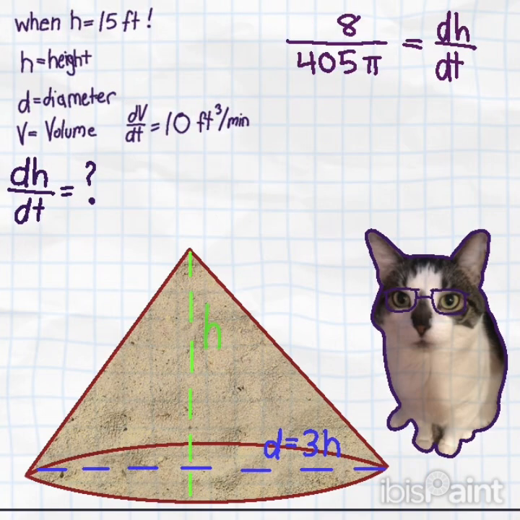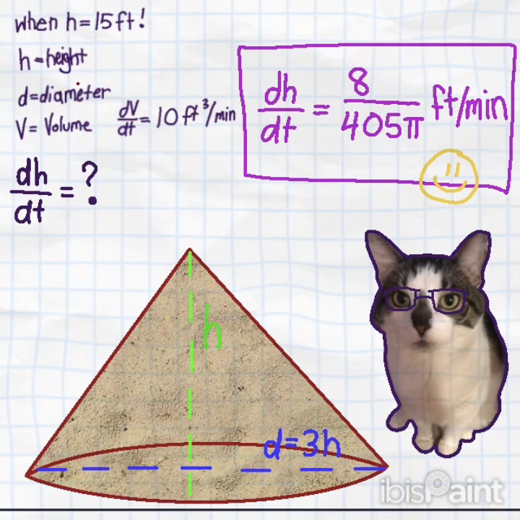Your final answer will be 8 over 405 times pi feet per minute.